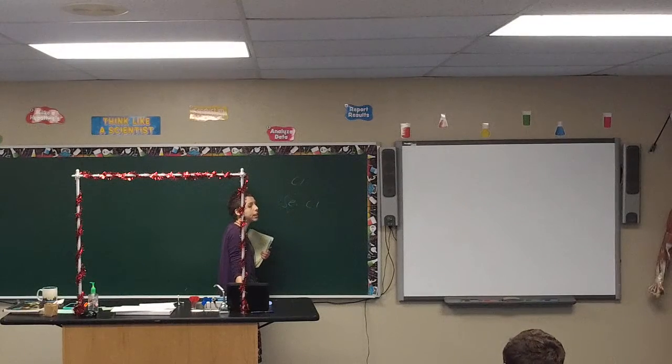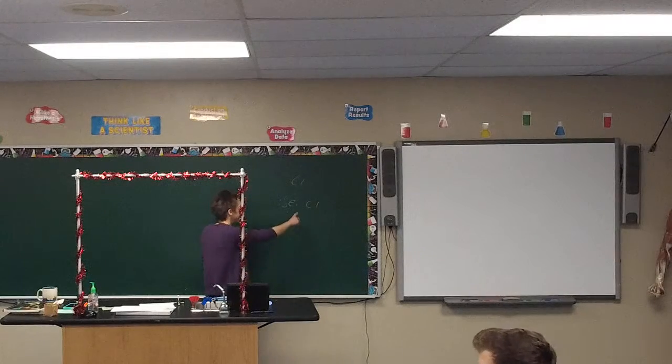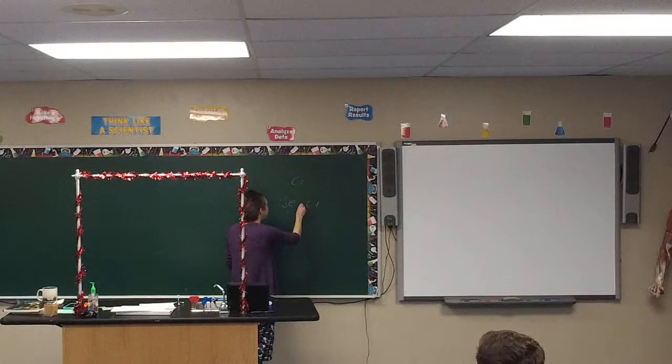Because how many does chlorine need to be happy? One. So it'll share one of them. Each chlorine will bring over 1 and take one of selenium's. So that way each chlorine is happy.